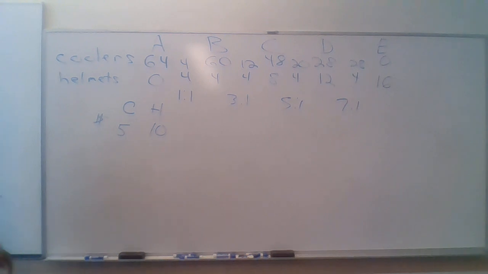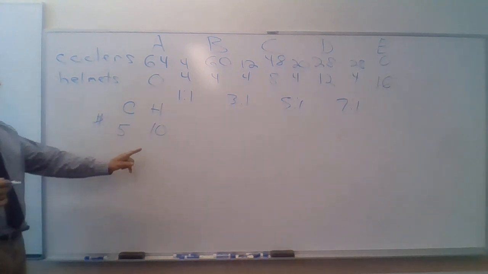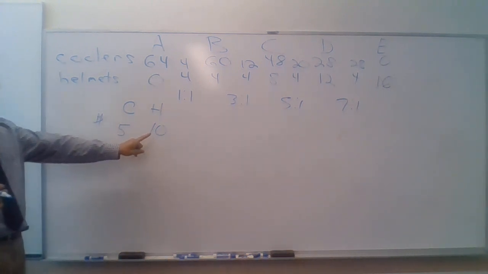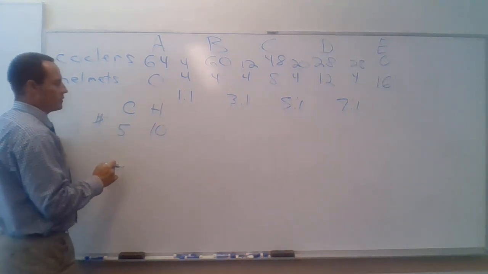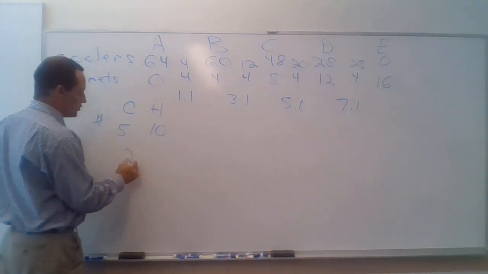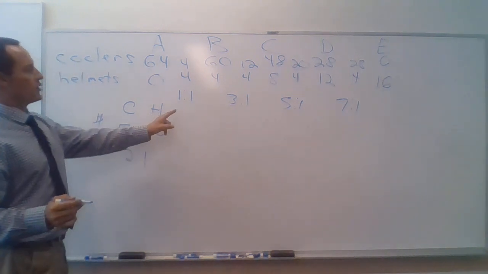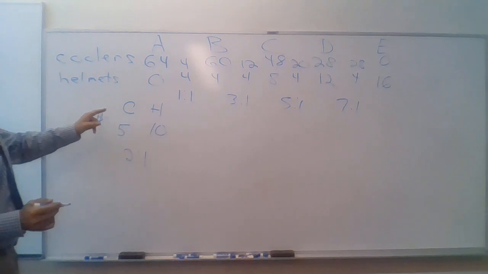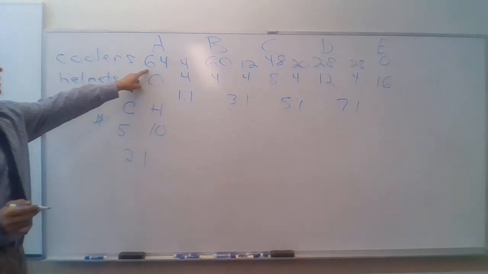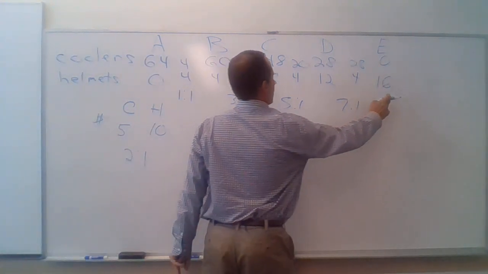If that is the case, and let's say that we always have enough money to buy 1 helmet, that makes this trade-off here 2 to 1. If you look at our trade-offs here, we see that overall, coolers are more abundant than helmets.